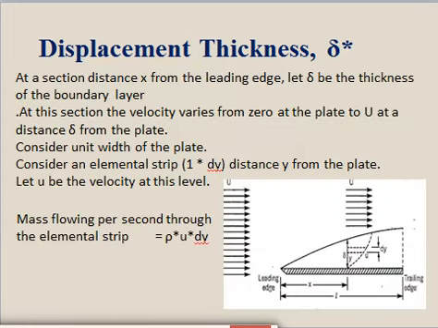So consider a free stream velocity moving with a velocity capital U. Now consider a plate. Due to the interaction of this free stream velocity along the plate, there will be a formation of boundary layer as shown in the figure. Consider any section at a distance x from the leading edge.